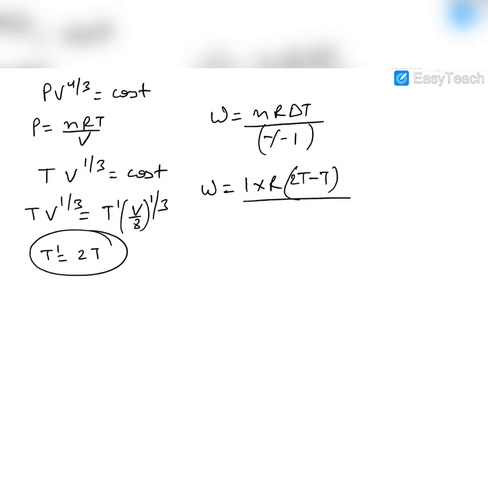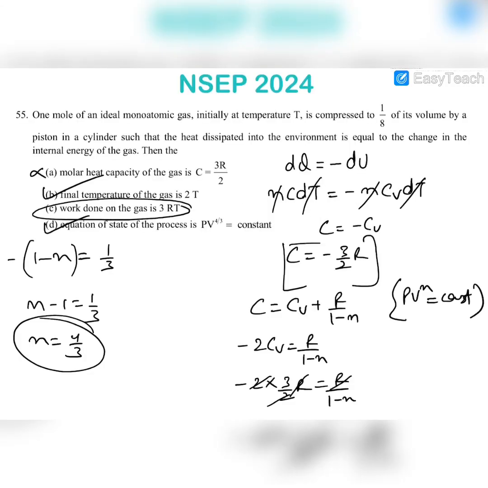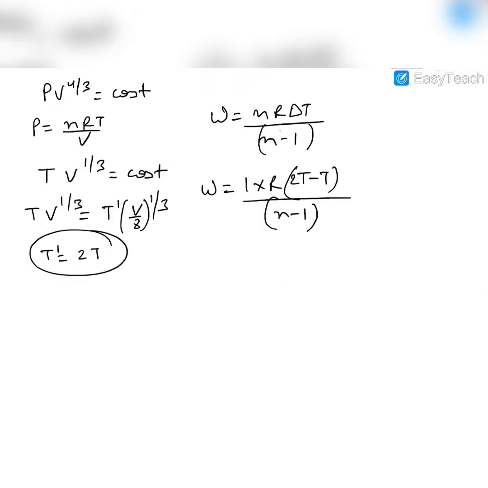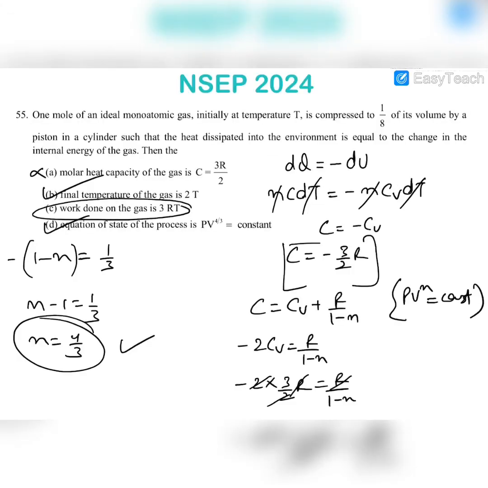Now gamma is for an adiabatic process, but for this process it would be n, so that is n minus 1. Now n in this process is 4/3, so work done will be RT divided by 4/3 minus 1, which is 1/3. So work done will be equal to 3RT. So the correct answers are B, C and D.